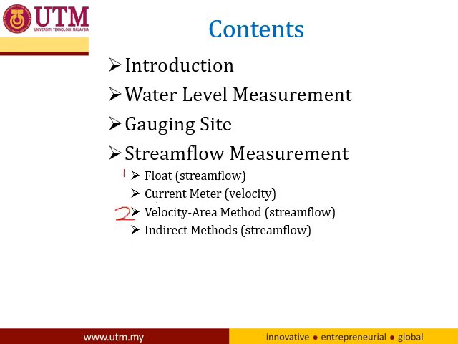The current meter is used for the velocity area method, and the indirect method gives more information on how we measure stream flow. So there are three kinds of stream flow measurement: the float, the velocity area method, and some indirect method.